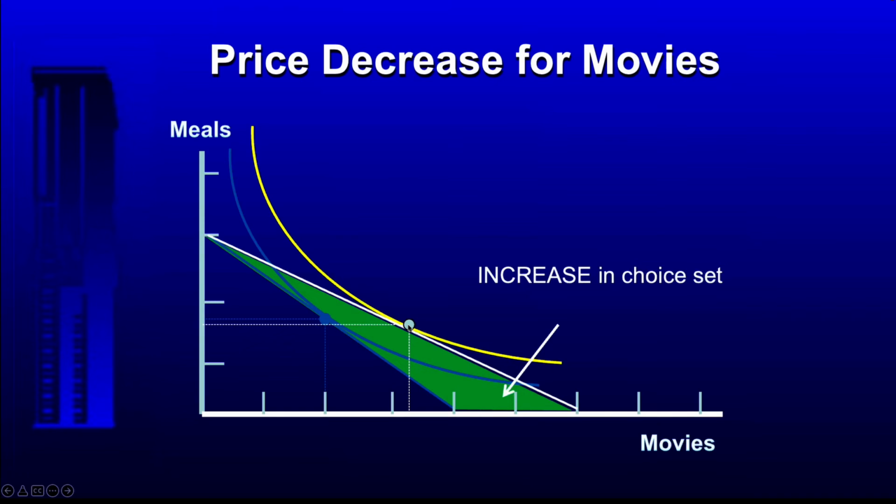So the fact that he is going to buy more of whichever good has become relatively cheaper because of the price change is going to be what we call the substitution effect. And it's always going to work that way.